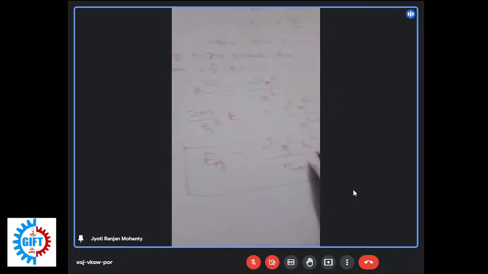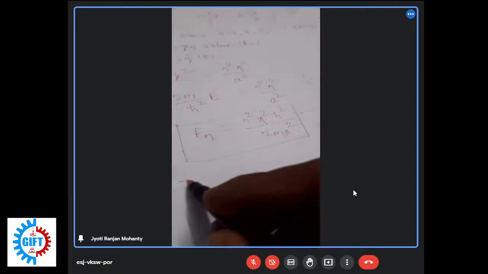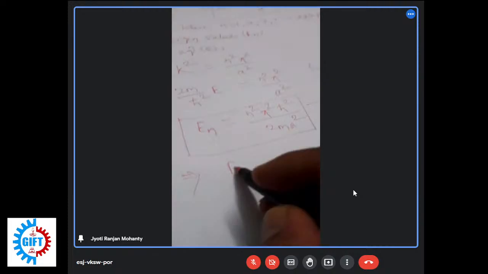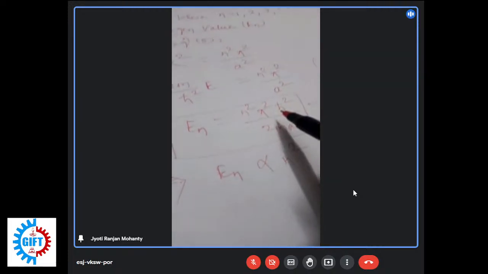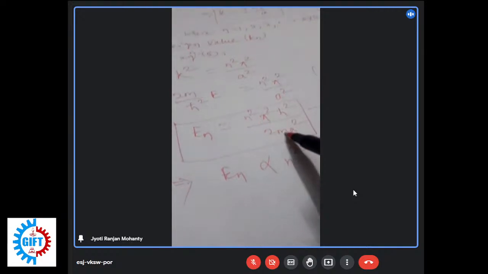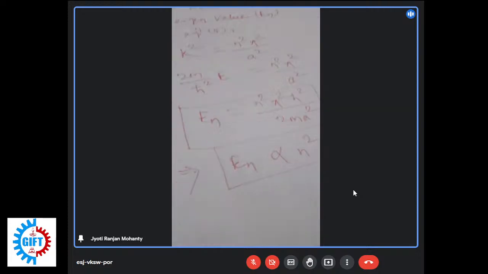Since it depends upon n, we can write En is equal to n square pi square h cross square by 2m a square, or I can say En is directly proportional to n square. Pi, h cross, mass, width, all are constant, so it depends directly upon n square.